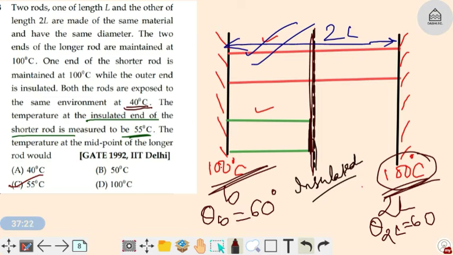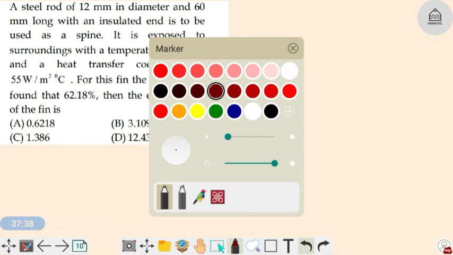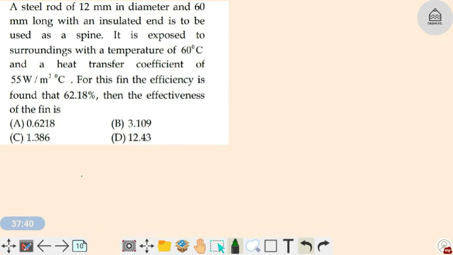Now let's move to the next question. So this is our question. A steel rod of 12 mm in diameter and 60 mm long with an insulated end is to be used as a spine. Spine means fin only. The boundary condition is given here, insulated end.